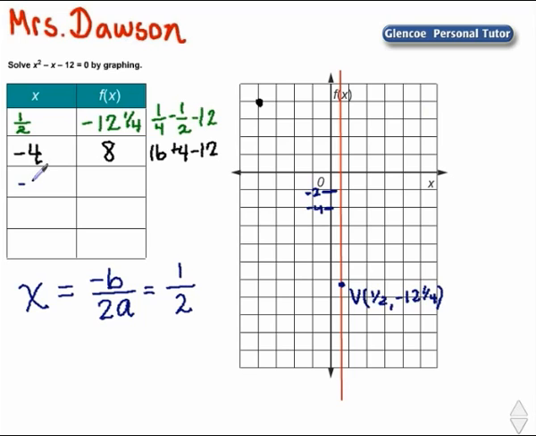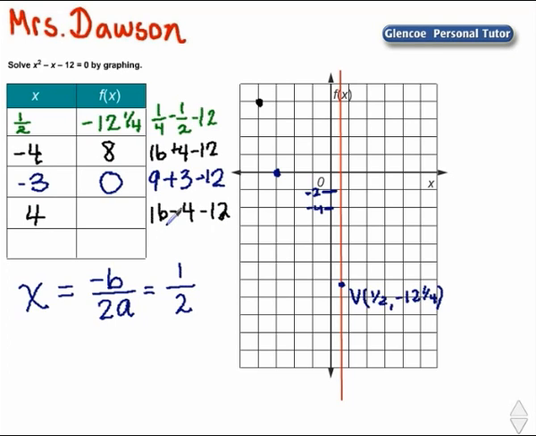Another x value, x is -3: square 3, subtract a -3, which is the same as adding 3, and then subtract 12. So when x is -3, f of x is 0. -1, 2, 3. So we found an x-intercept. How about when x is positive 4? Square 4, subtract 4, and then subtract 12.